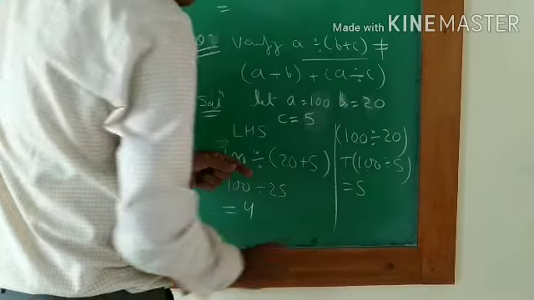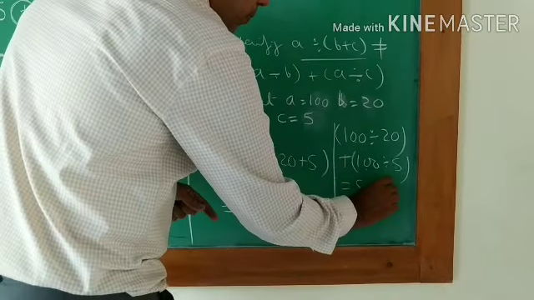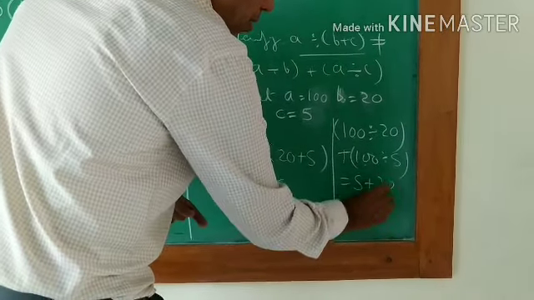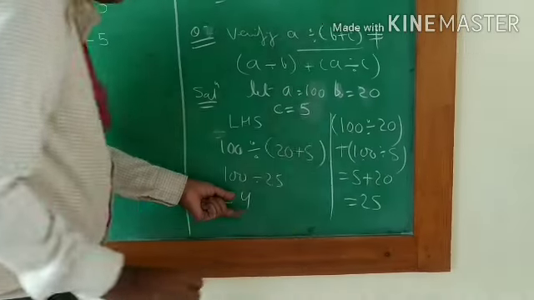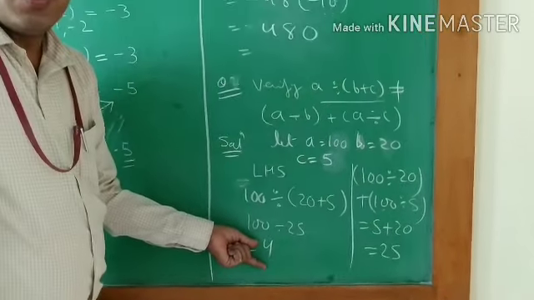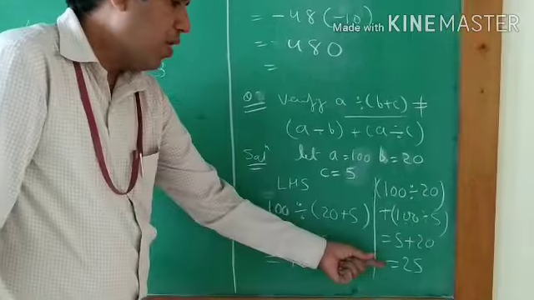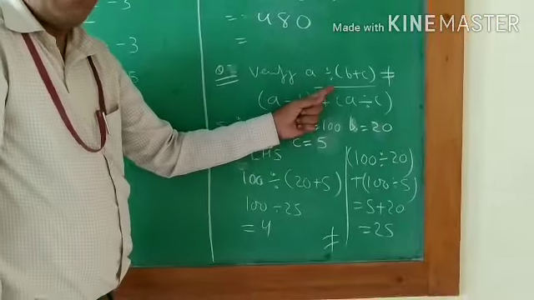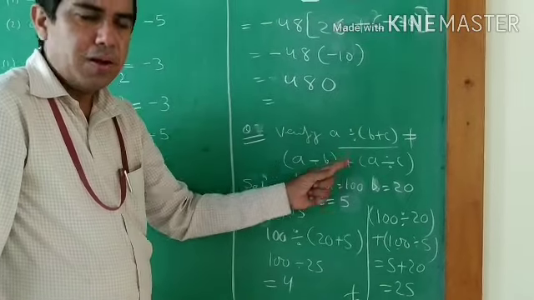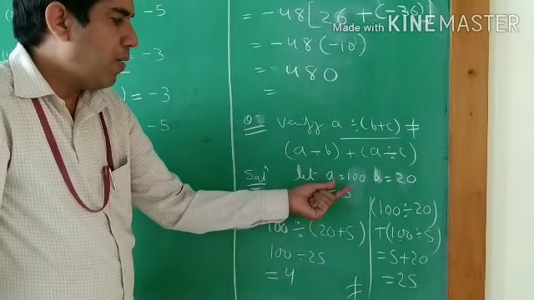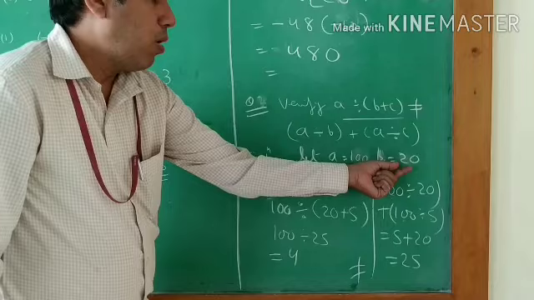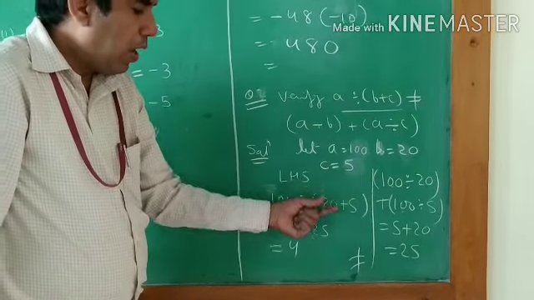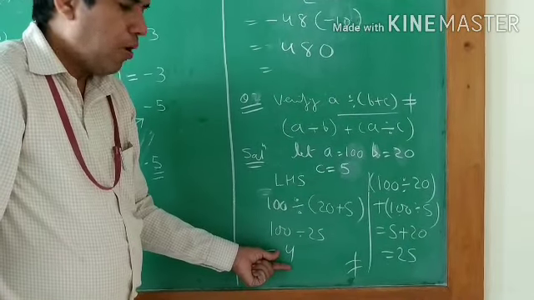And 100 divided by 5 is how much? 20. And here the answer is coming 25, and there the answer is coming 4. You can see the difference. So it means they are unequal, and that is what we want to prove. You can see easily, I have taken A equal to 100, B equal to 20, and C equal to 5, and I have just proved they are not equal.